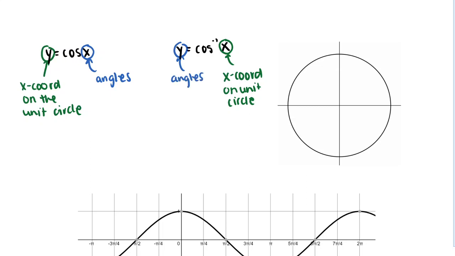And so one thing we have to be careful about, just like we had to be careful about in our sine inverse function, is that here, maybe let me just illustrate with an example. So if I try and look at cosine inverse of the square root of 2 over 2, whatever this might be, well here, this is an x coordinate on the unit circle, the square root of 2 over 2.